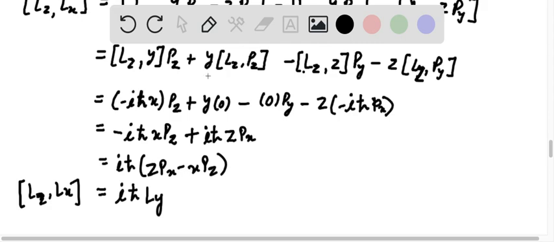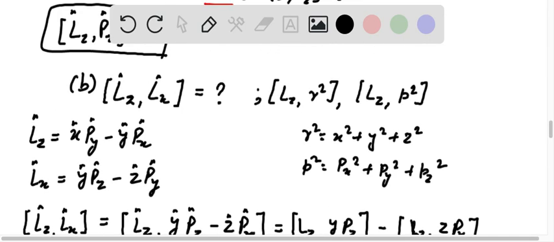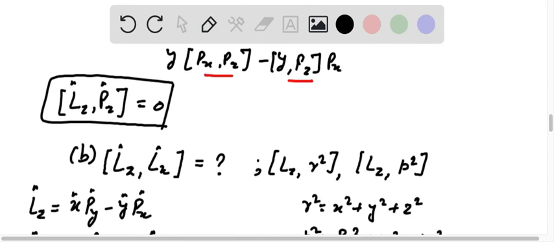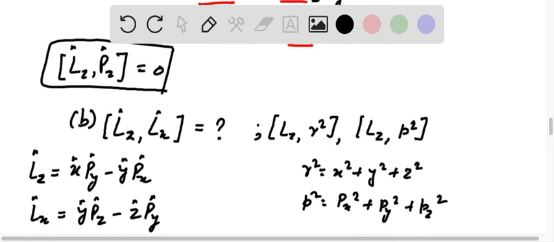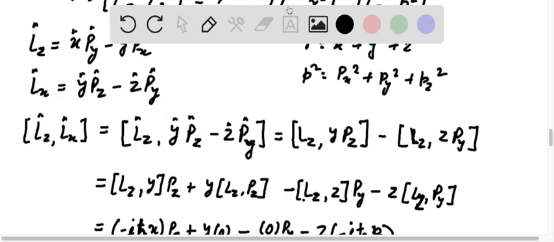First we show the commutation relation of Lz with Lx by using the results in question part A. Here Lz is x py minus y px and Lx is y pz minus z py. So Lz with Lx is equal to Lz with y pz minus z py, that is Lz with y pz and Lz with z py.